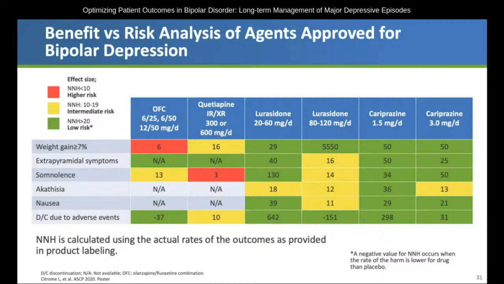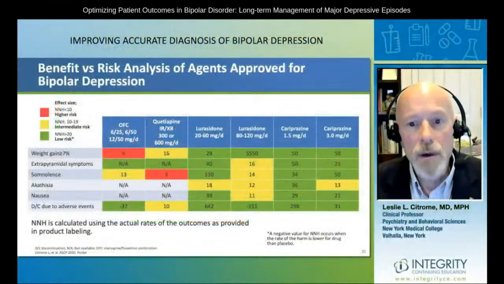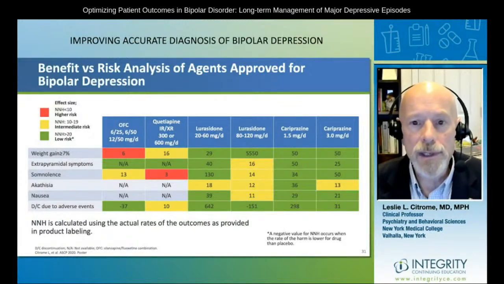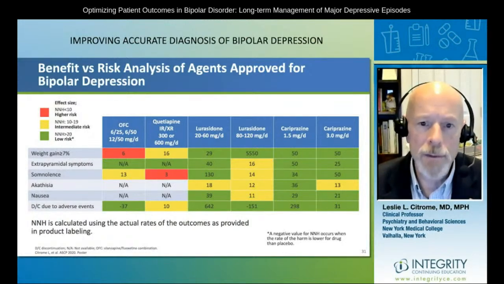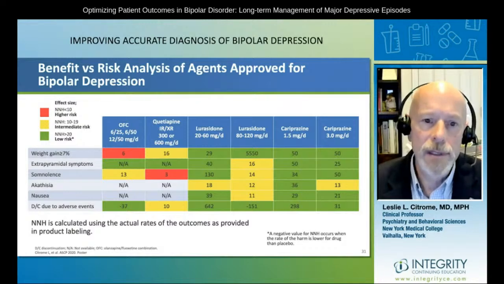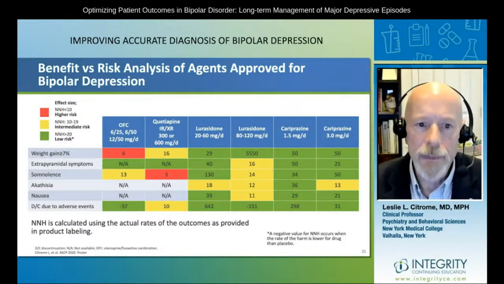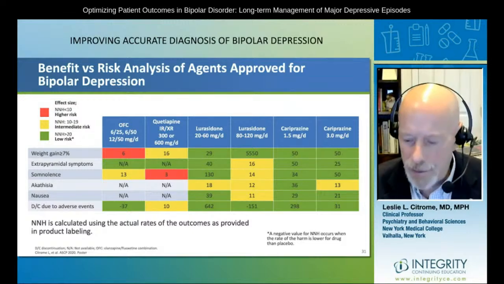With cariprazine, that dose response is somewhat less accentuated, but still there with regard to akathisia. So the lower doses, lurasidone 20 to 60, cariprazine 1.5 milligrams per day, give us mostly green, maybe a yellow here and there for intermediate risk for the harms.